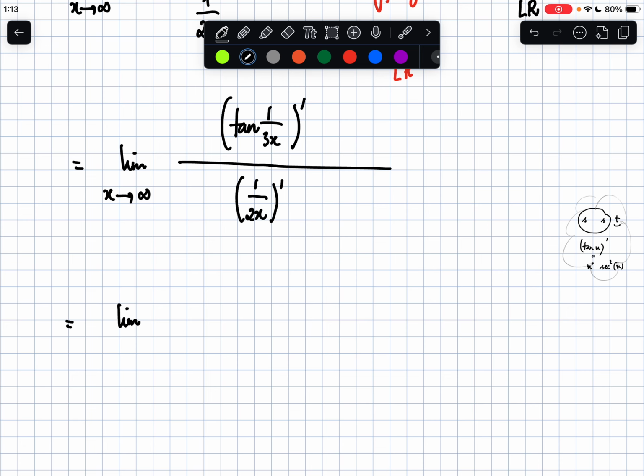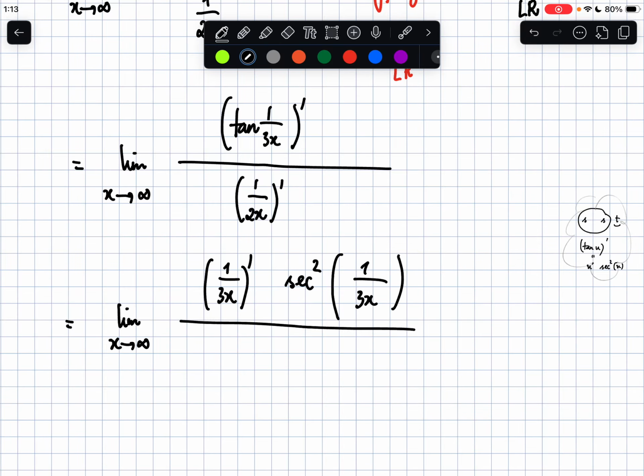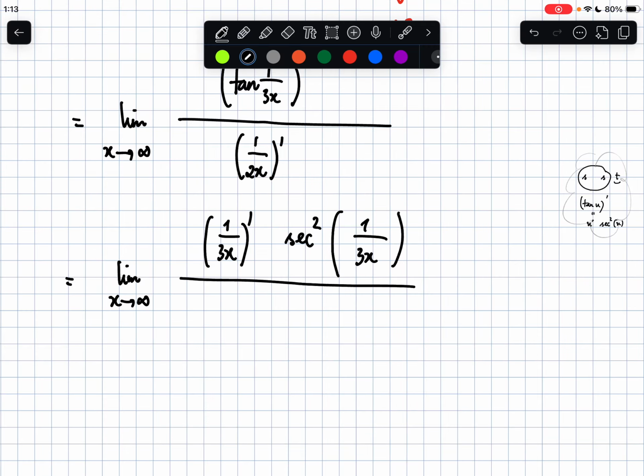Limit as x to infinity, u prime, which is the derivative of 1 over 3x, times secant squared of 1 over 3x, over the derivative of 1 over 2x, so 1 over 2 is still there, and the derivative of 1 over x, which is minus 1 over x squared.